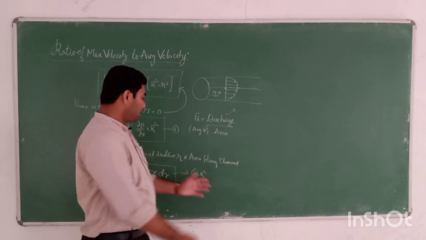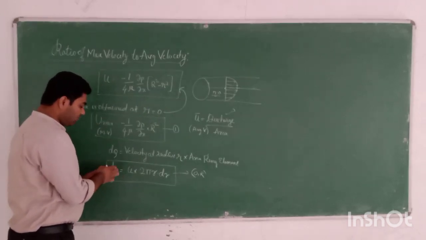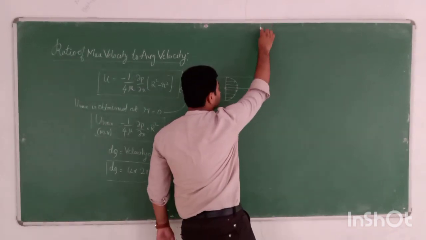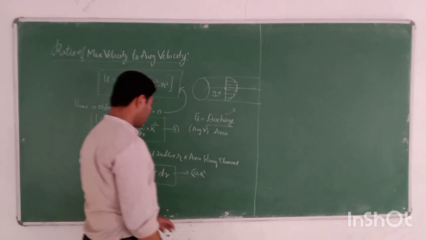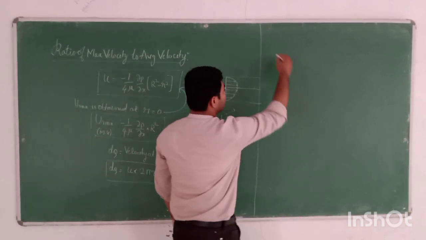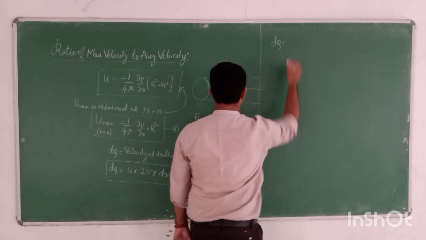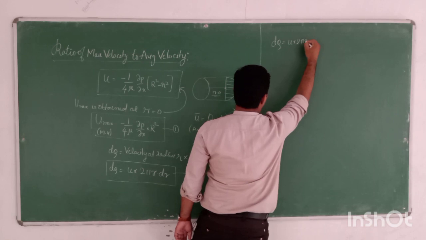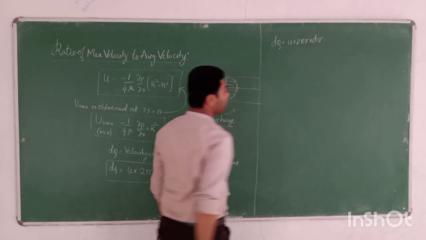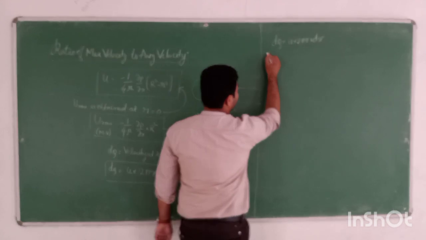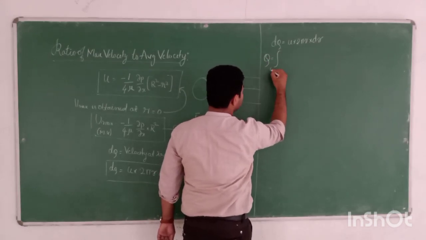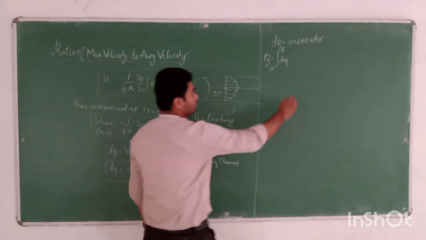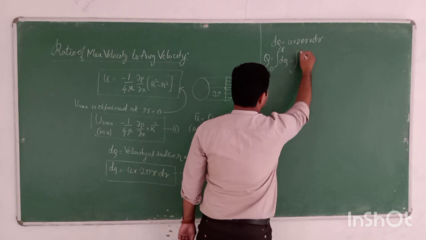So let us find the complete discharge value. Here the value of dQ is u into 2 pi r into dr. So Q is nothing but the integral from 0 to R of dQ.